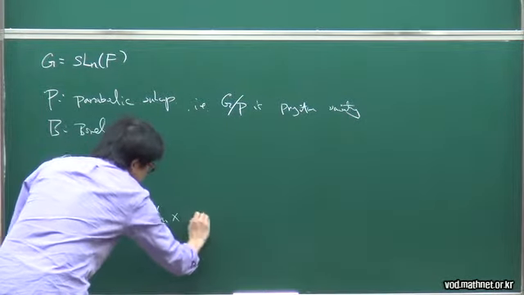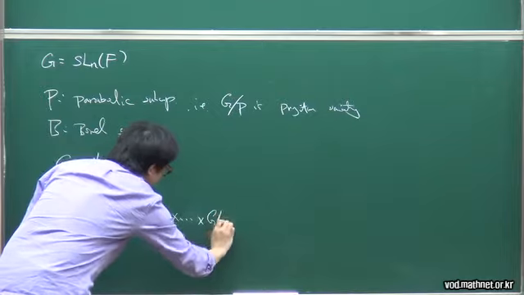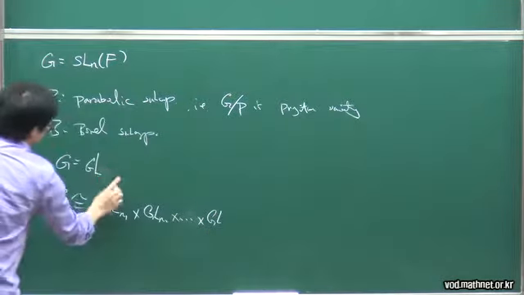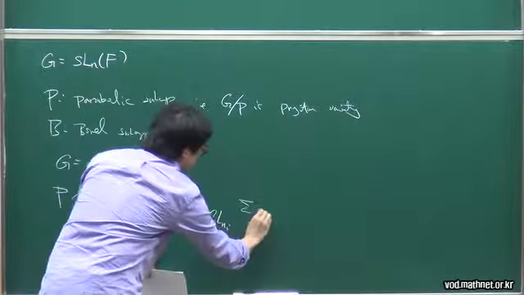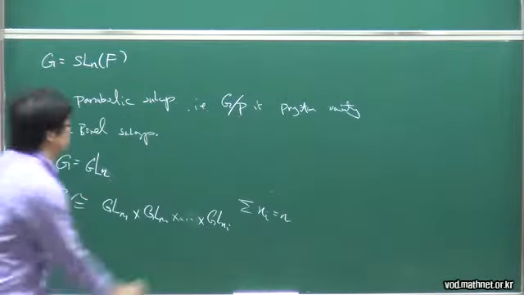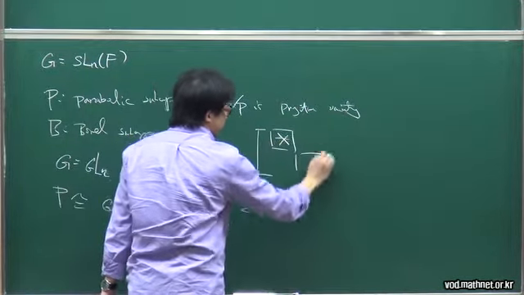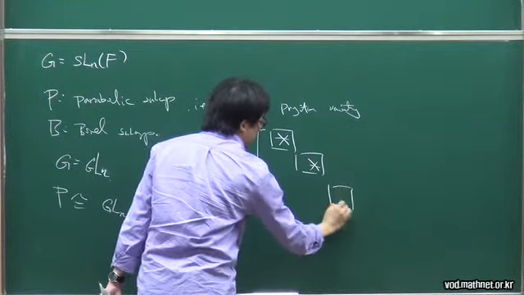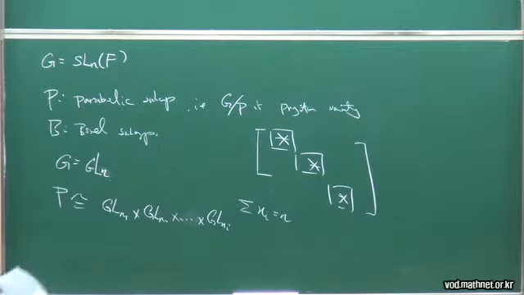Maybe something like that. I choose not n, just n here; it will be more convenient. So that means this is a block matrix. This is what we call the parabolic subgroup.